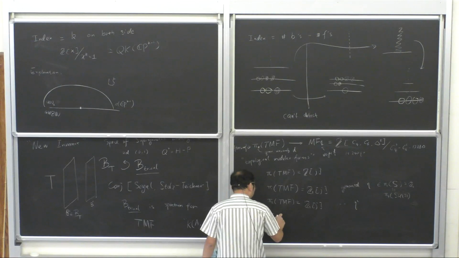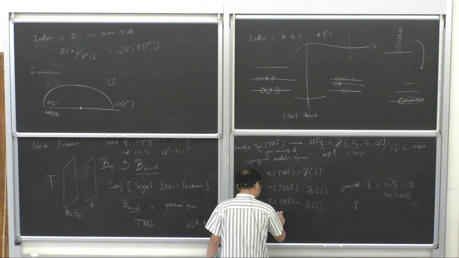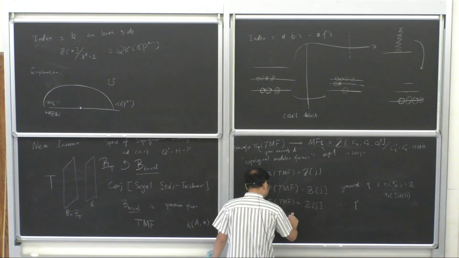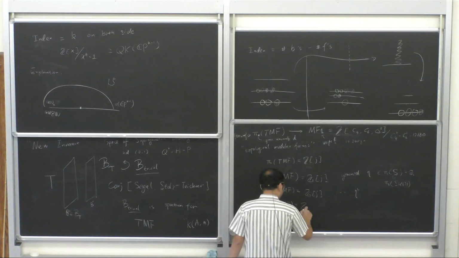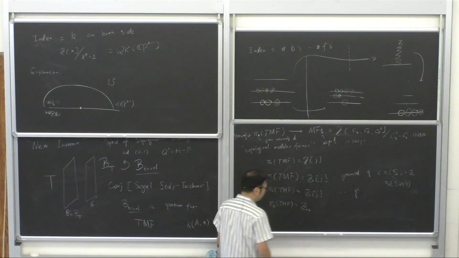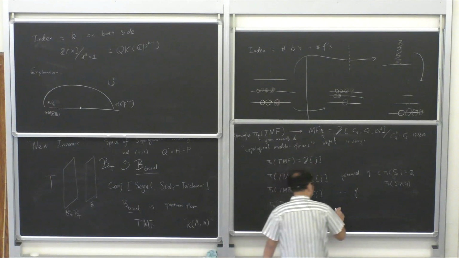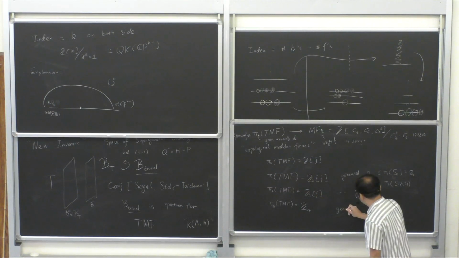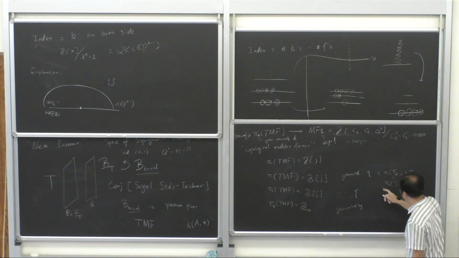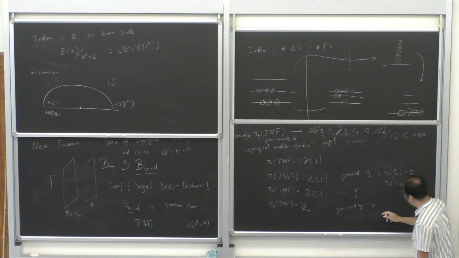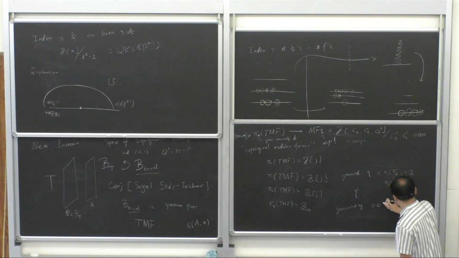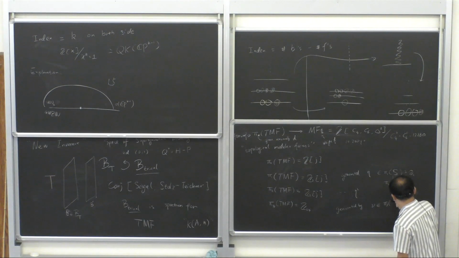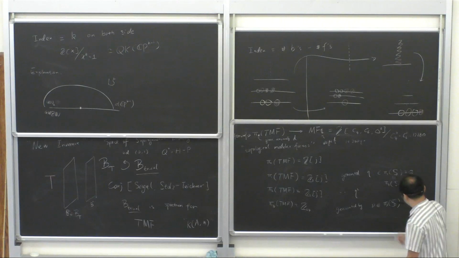And then pi 3 is Z24, generated by another element from the stable homotopy groups of spheres. This is often denoted by nu, and it's in pi 3 of S.